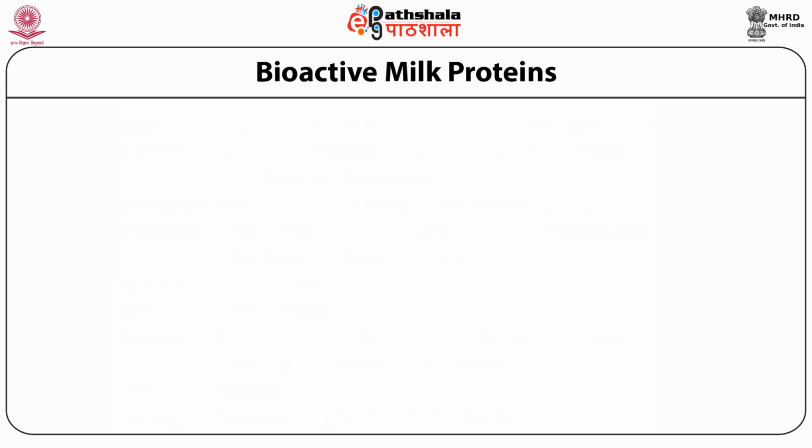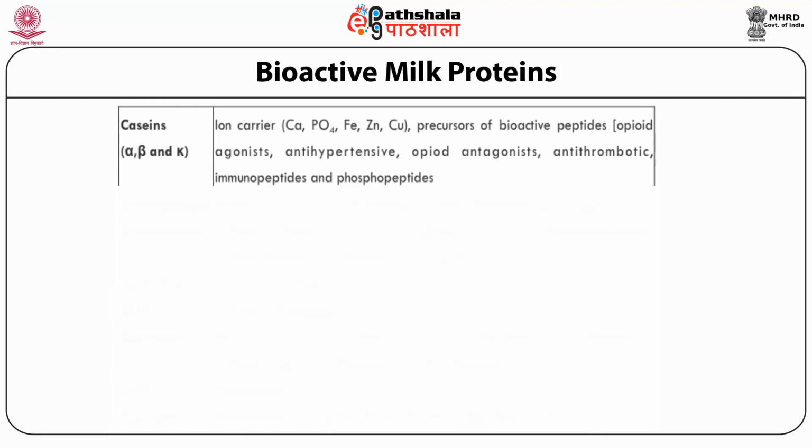The bioactive milk proteins include casein: alpha, beta, and kappa. Their functions are they act as iron carriers, and precursors of bioactive peptides like casomorphins, casokinins, casoxins, casoplatelins, immunopeptides, and phosphopeptides.